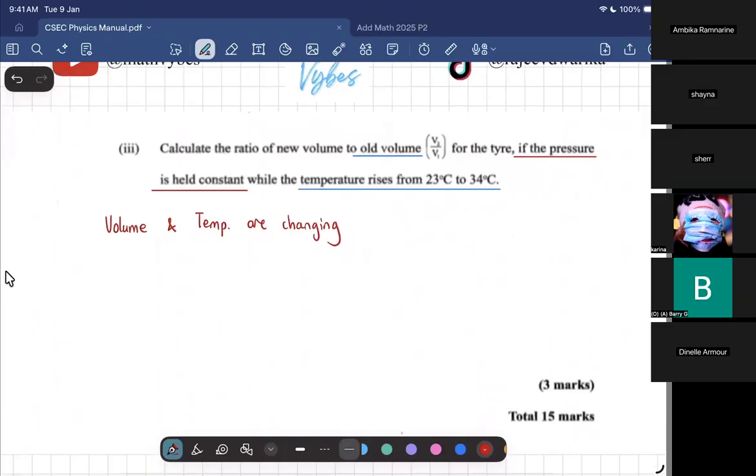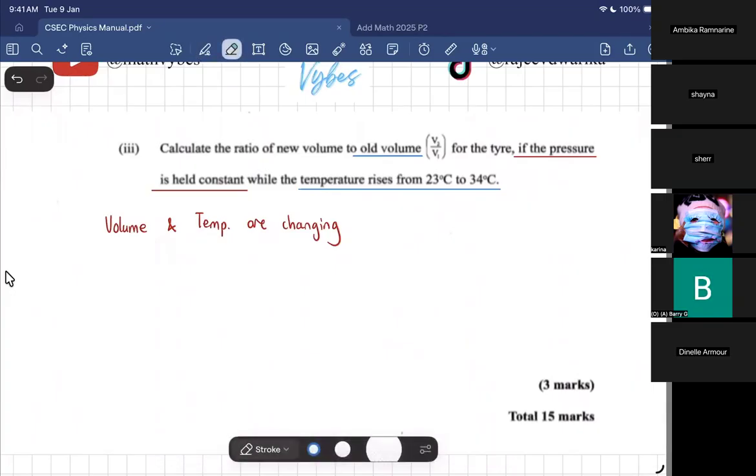All right. Does everybody understand that they're saying the pressure is held constant? So if it's held constant, is the pressure changing? No, sir. The pressure is not changing because it's being held constant. So we're looking at something with volume and temperature in it. Are there any formulas that have volume and temperature in it?